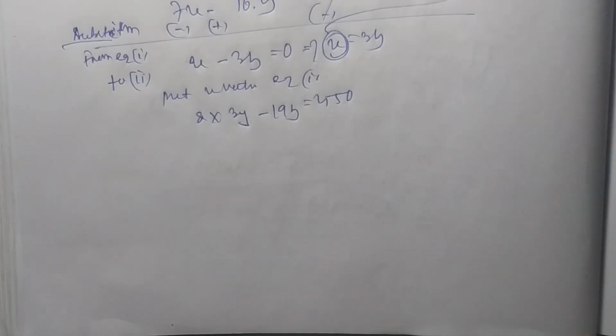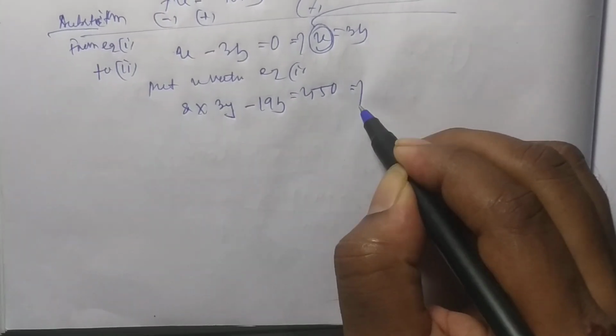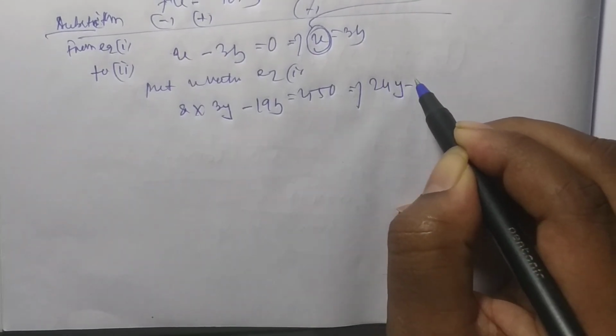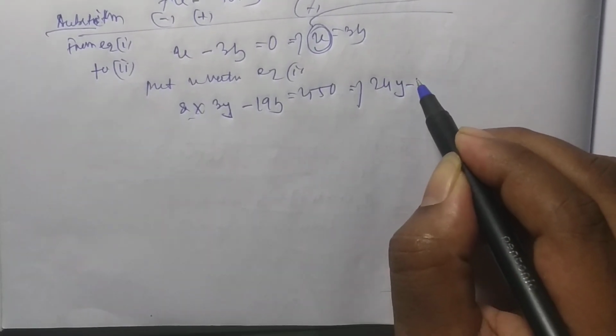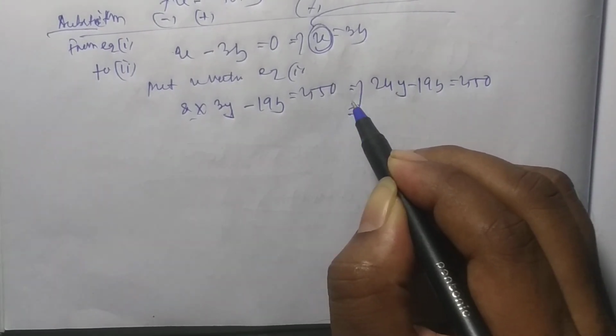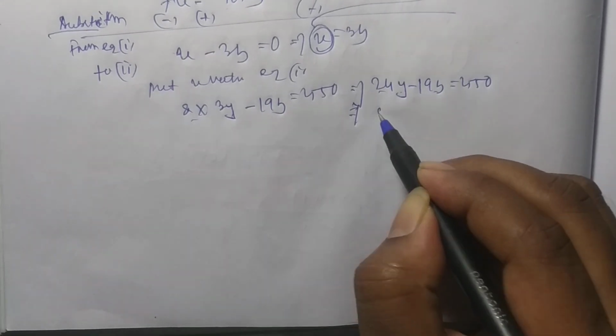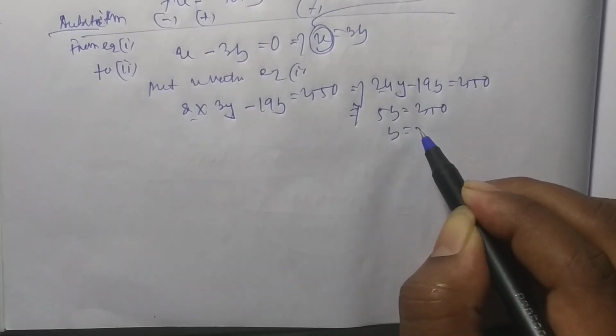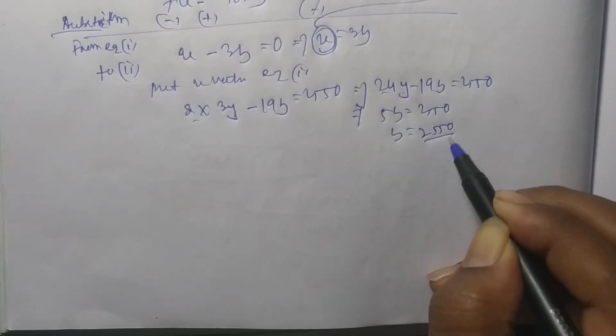So you write here 24y, 8 times 3 is 24y, minus 19y is equal to 2550. That implies 5y is equal to 2550, so y is equal to 2550 by 5.